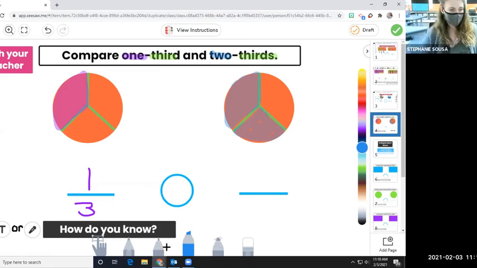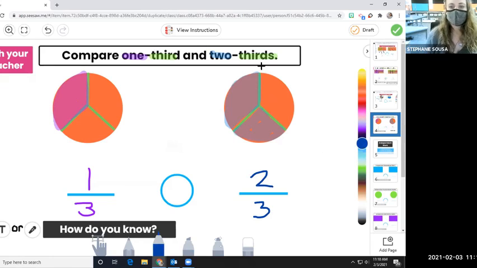All right, so that picks us up here, and you have 2/3. Now we can tell by looking visually that 2/3 has more that is shaded, and we can also see by our numerator that there are more thirds with 2/3 than there are with 1/3. So this will read 1/3 is less than 2/3.